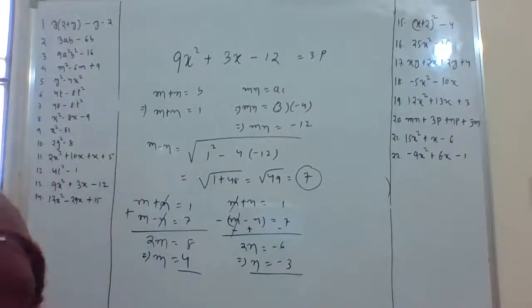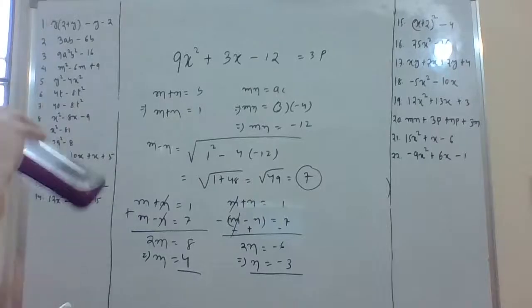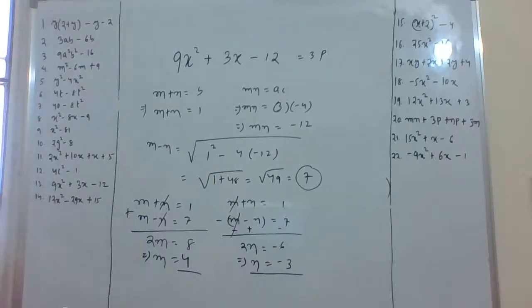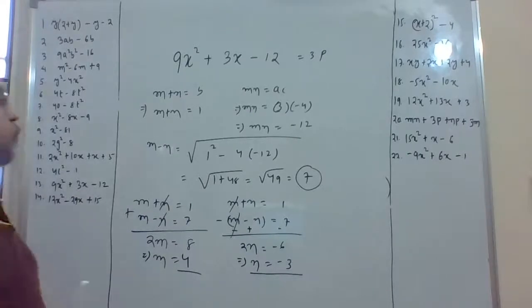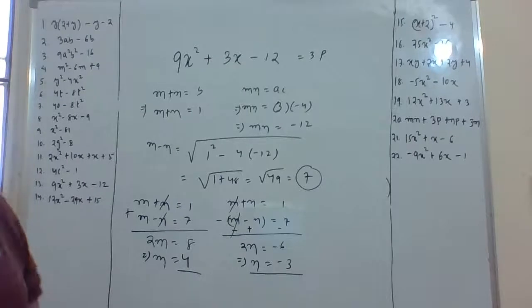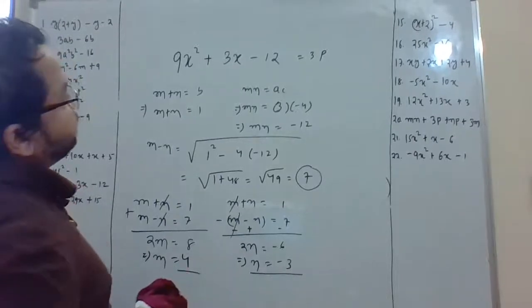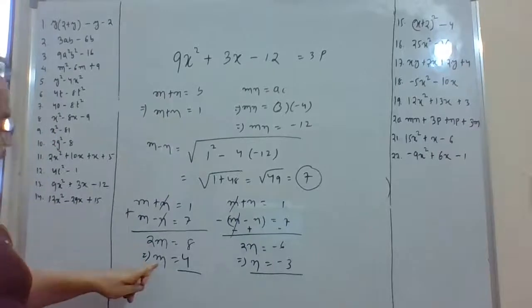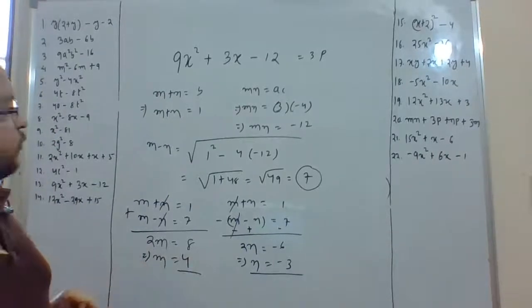Okay, so now let us rewrite that. What was our equation? m is equal to this, n equal to that much.